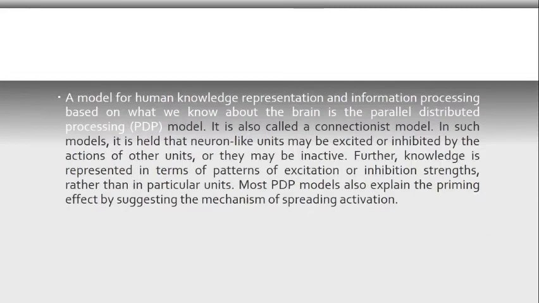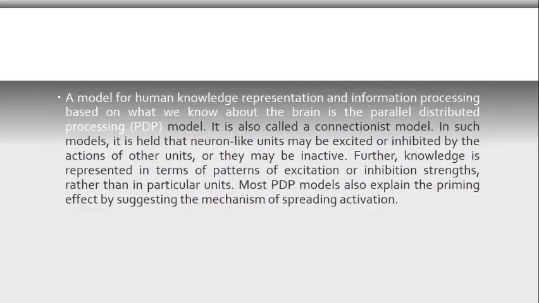A model for human knowledge representation and information processing based on what we know about the brain is the parallel distributed processing, or PDP model. It is also called a connectionist model. In such models, it is held that neuron-like units may be excited or inhibited by the actions of other units, or they may be inactive.